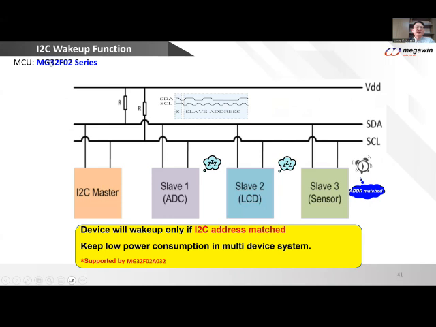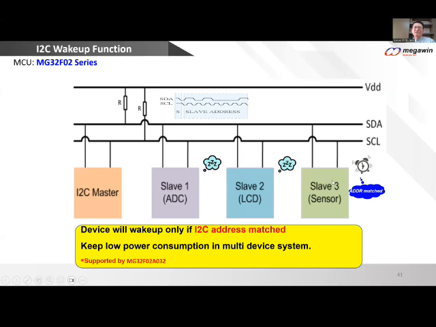Okay, and the other one is the I2C wake up function. If you have different slaves on the bus and you just want to wake up one device, then you can send the address.